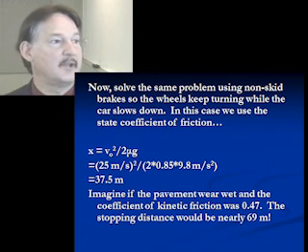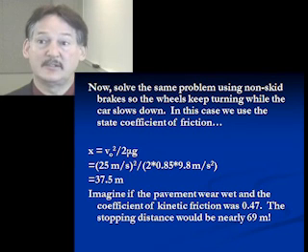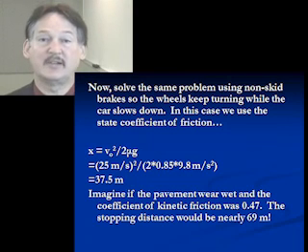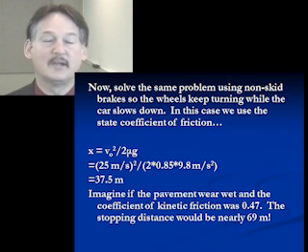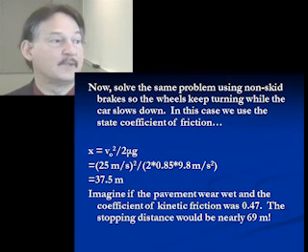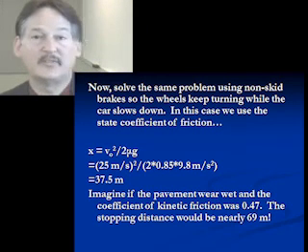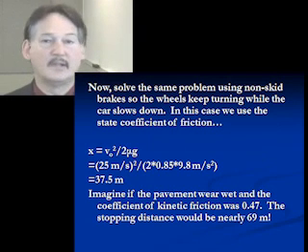So this is the normal relationship for dry pavement, where 1.2 is the static and 0.85 is the kinetic. Imagine if the pavement were wet and the kinetic coefficient of friction was actually reduced from 0.85 down to 0.47.